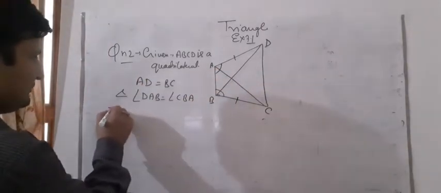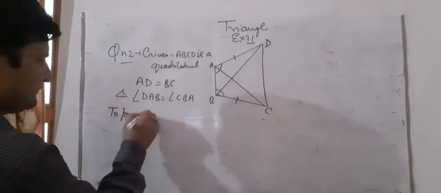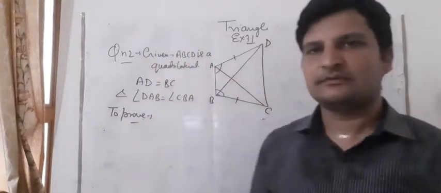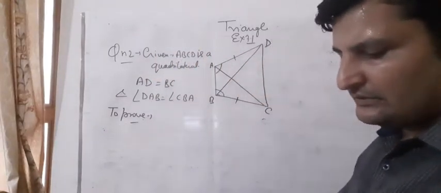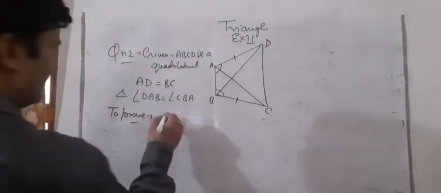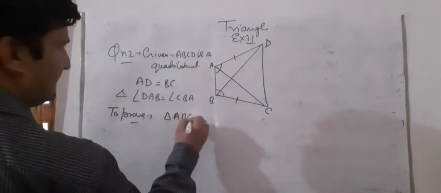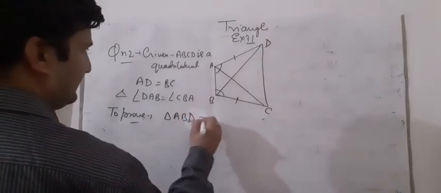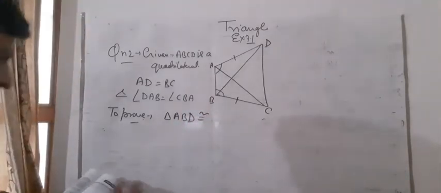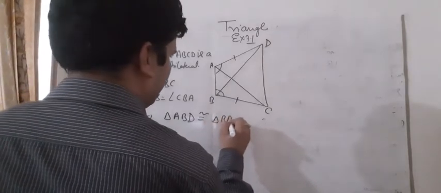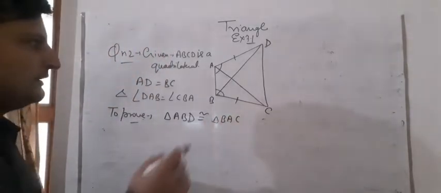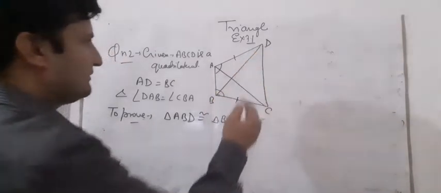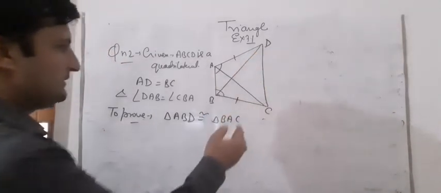So what do we have to prove? We have to write all these things in these types of questions, students. In this question we have to prove that triangle ABD is congruent to triangle BAC.